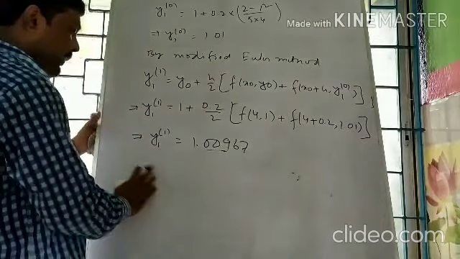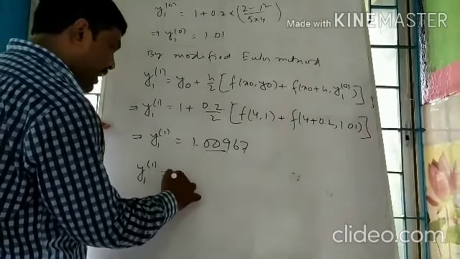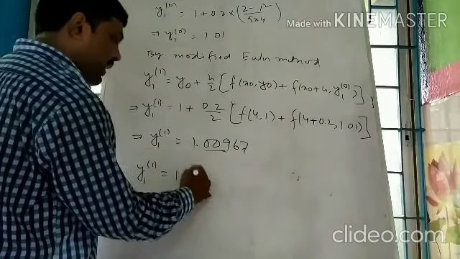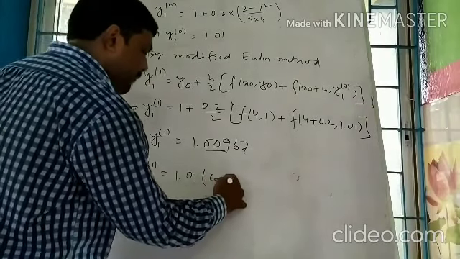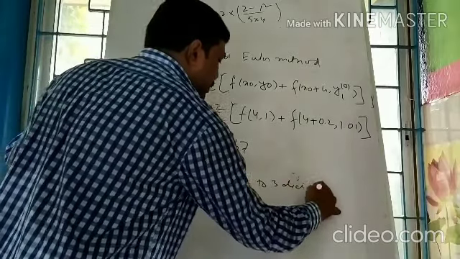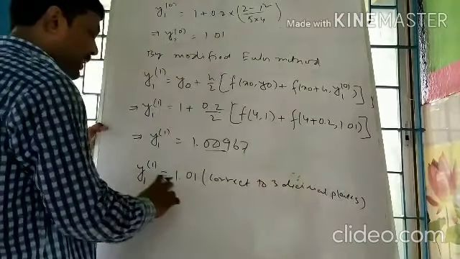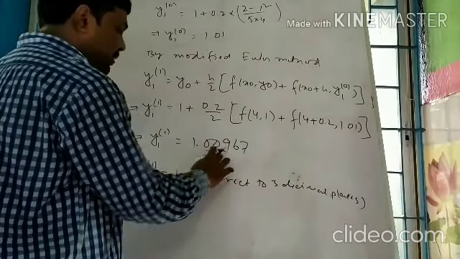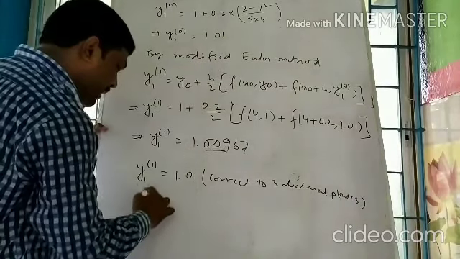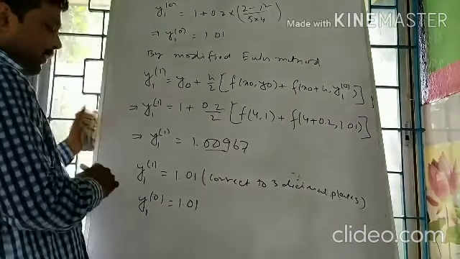Now y10 is also 1.01. So these are equal, correct up to 3 decimal places.